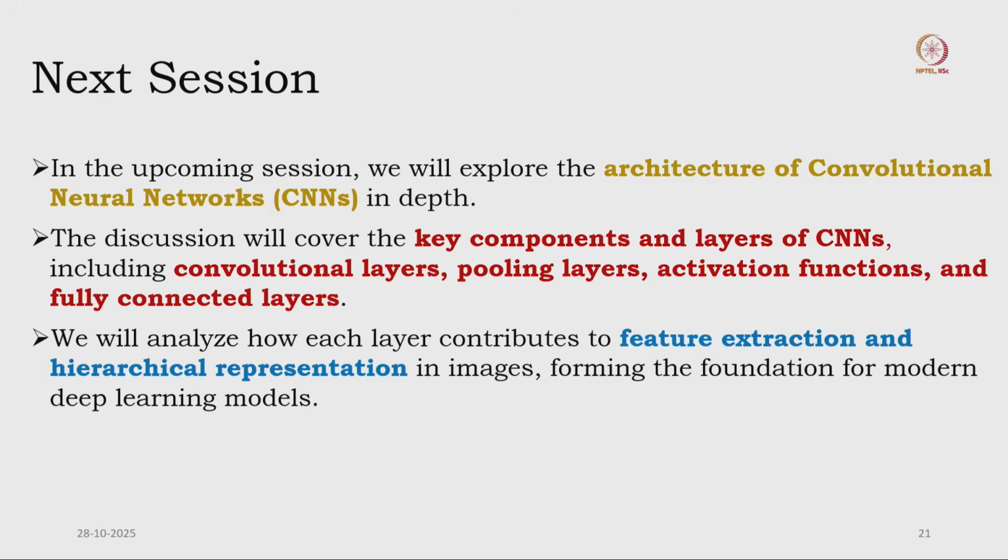The different layers include the convolutional layer, pooling layer, activation function, and fully connected layer. In the upcoming session we will look into the introduction to convolutional neural networks, and then understand the very first layer, called the convolutional layer, in detail. So, till then, thank you so much.